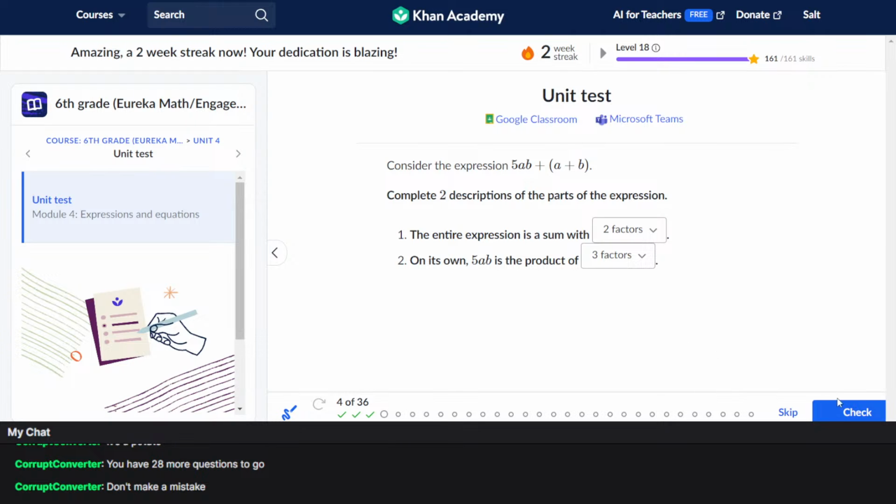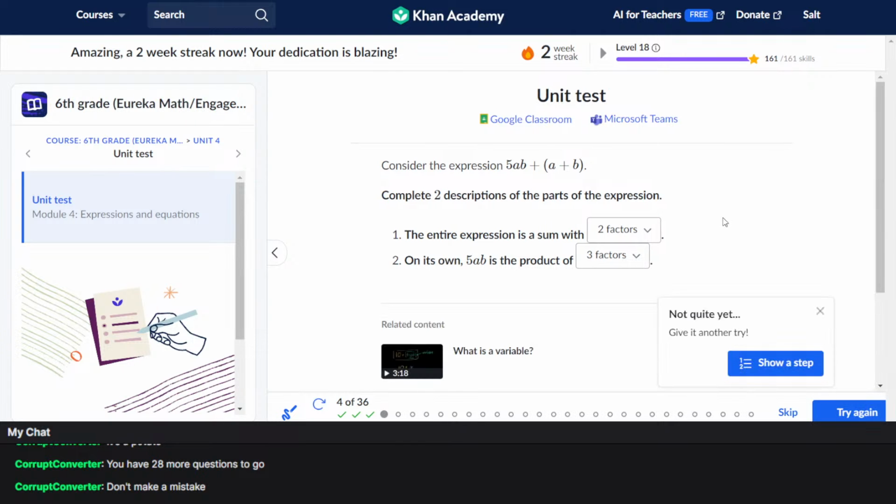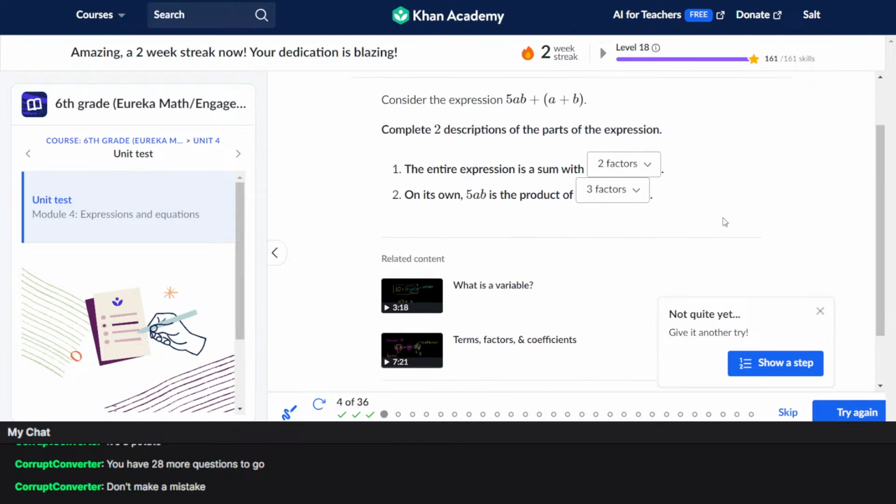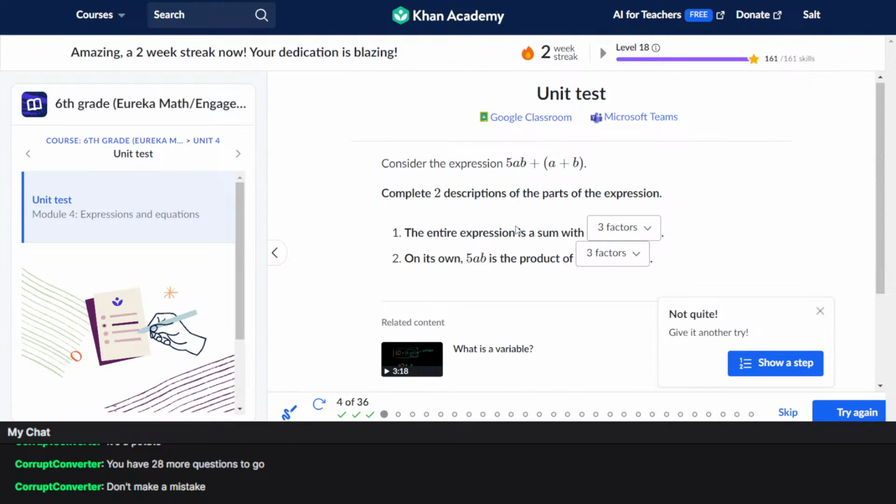Corrupt Converter says don't make a mistake. Oh my god. Is it 3? Wait. Huh?